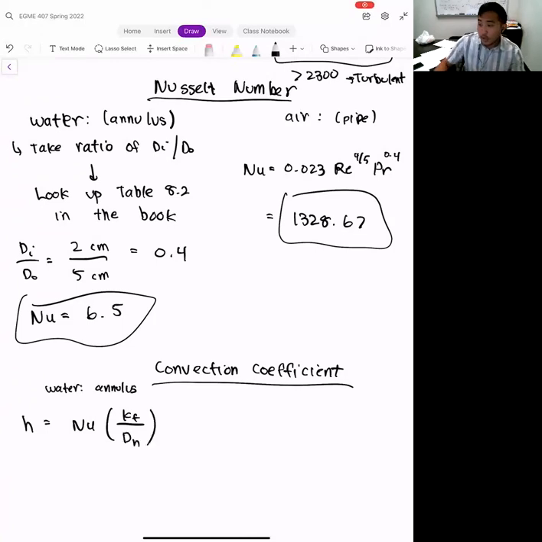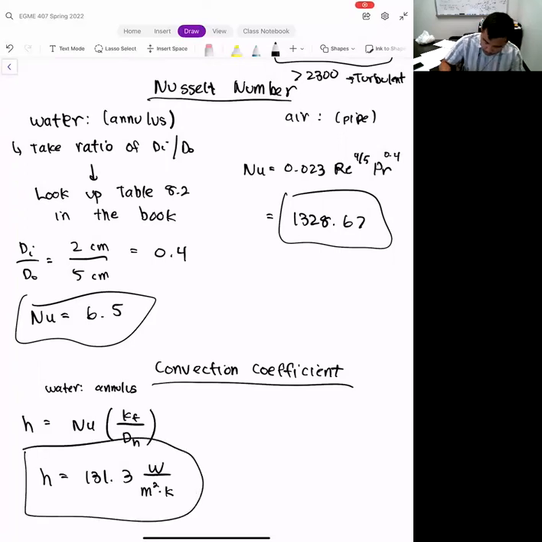So we take our Nusselt number of 6.5, multiply by the thermal conductivity, which is 0.606, and divide by the hydraulic diameter, which is 0.03. We end up with a convection coefficient of 131.3 watts per meter squared Kelvin.